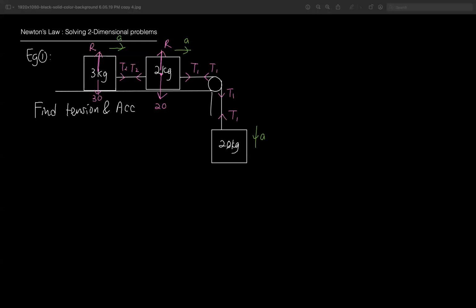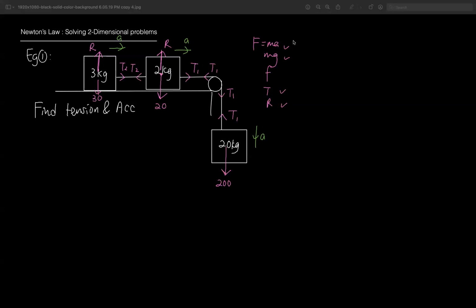And again we have mg here. This is 200. Is it all the forces? What is our list? F equals ma, mg, this one already. Tension already, reaction already, the friction.